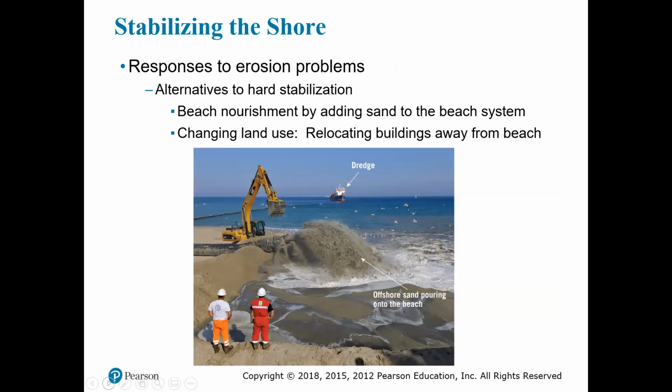So alternatives to hard stabilization include beach nourishment and changing land use. So in this image here, you have beach nourishment. Basically what we're doing is dredging some sand from offshore and then adding that to the beach. It's not going to be the same as what was already there.